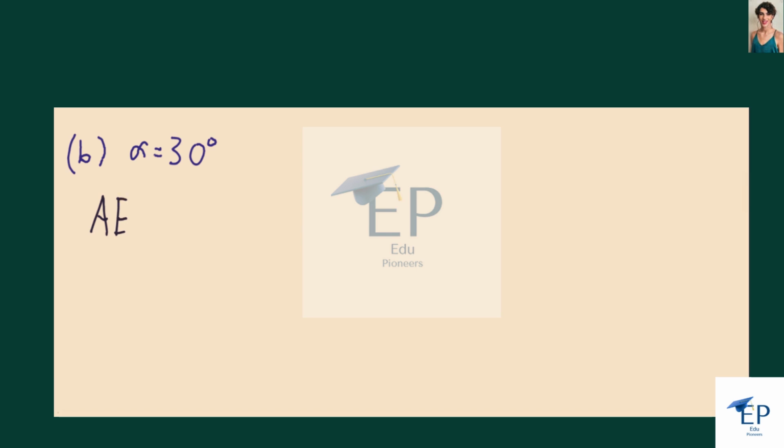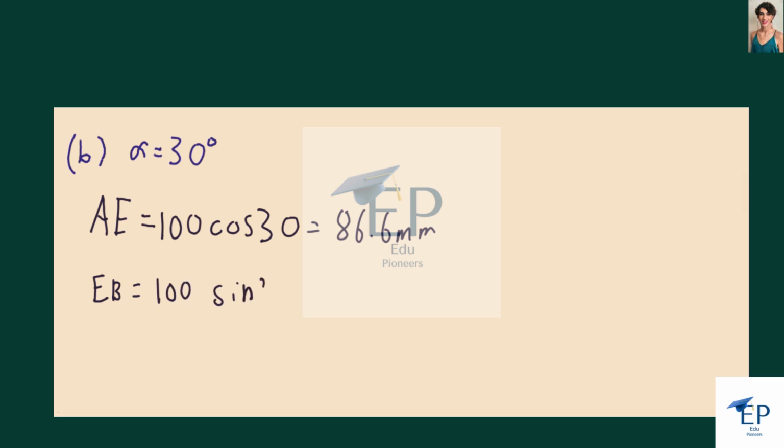So length AE is going to be equal to 100 times the cosine of 30, which is equal to 86.6 millimeters. And final length EB, this is going to be equal to 100 times the sine of 30, and this is equal to 50 millimeters.